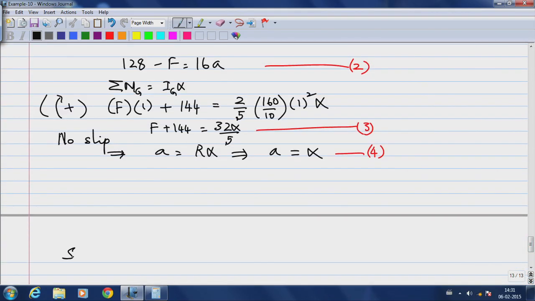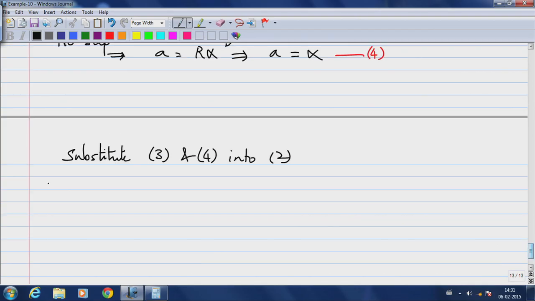If I substitute 3 and 4 into 2, I know from 3 that F equals 32 alpha over 5 minus 144.